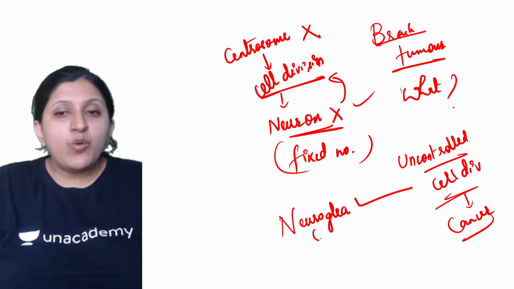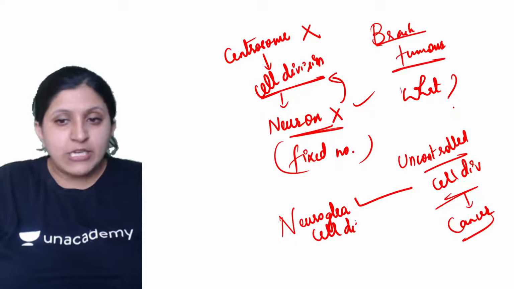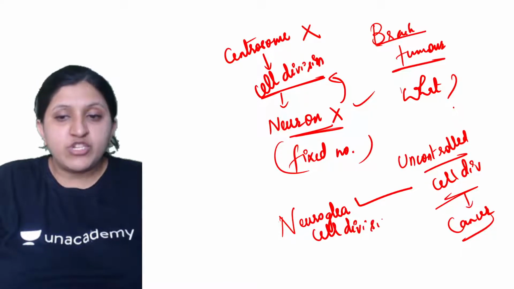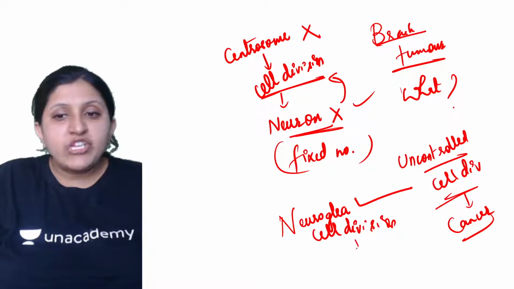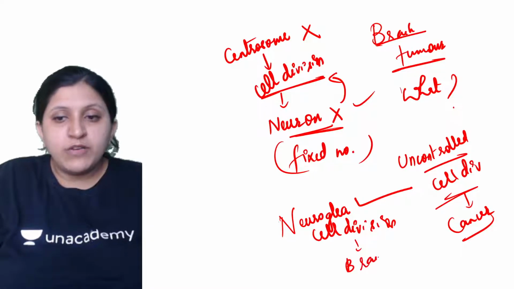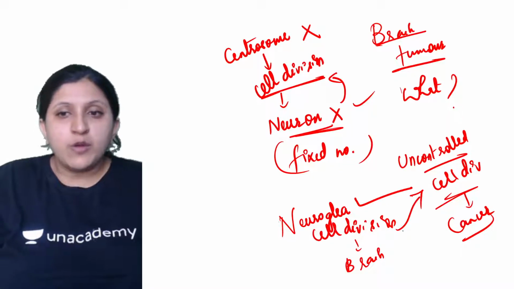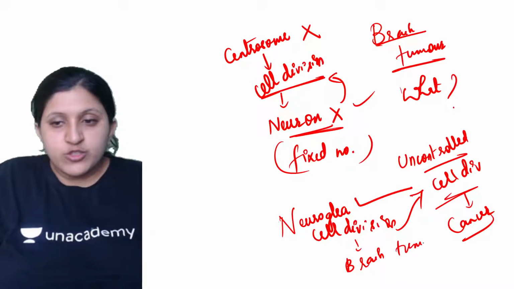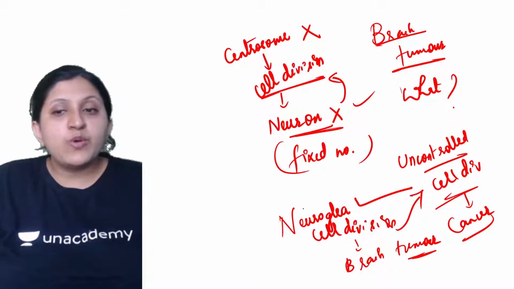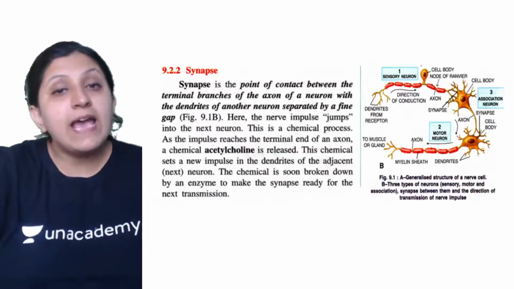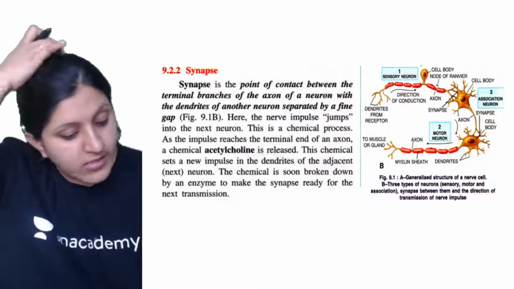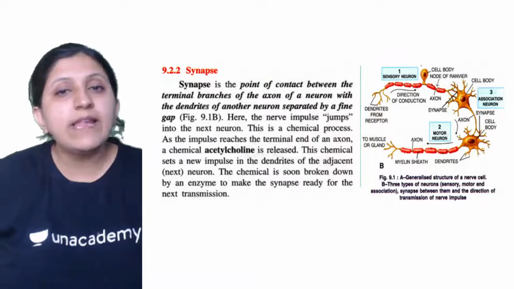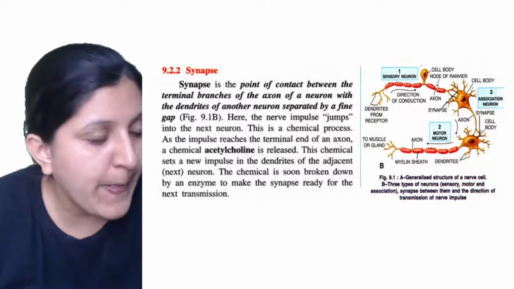Okay, and neuroglia has the capacity to undergo cell division, and that is the one which can cause the brain tumor because of this uncontrolled cell division. So it is not the neuron, it is only the neuroglia which has the capacity to divide, as it is having a cell division organelle, that is centrosome.